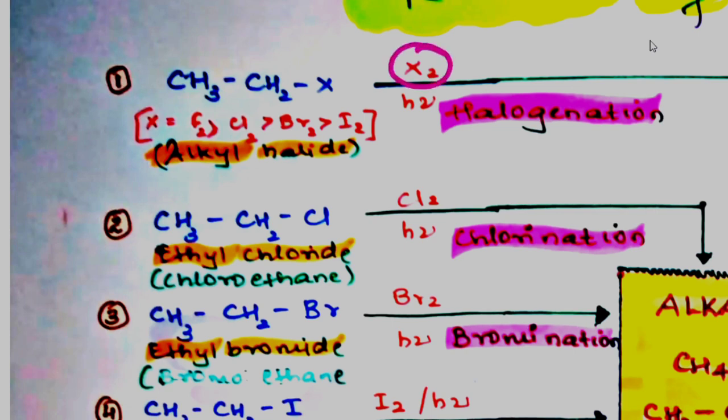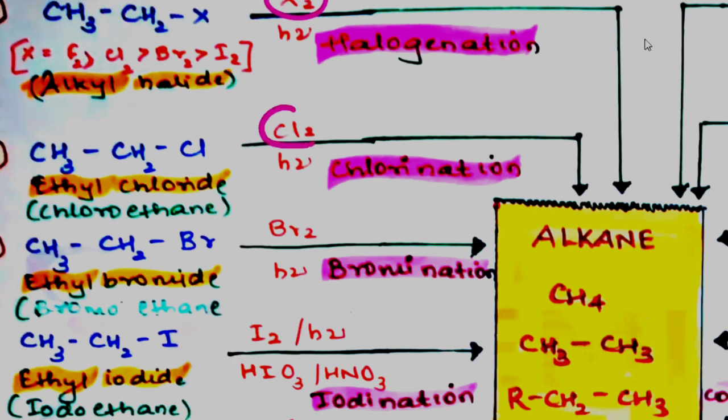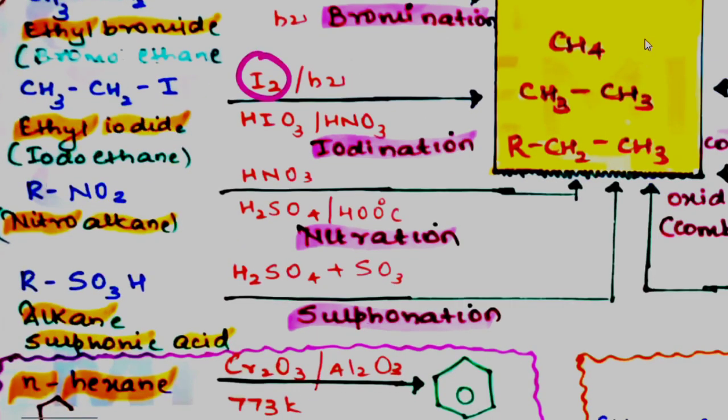You can add any halogen: if I take chlorine, you will get chloroalkane; bromine, bromoalkane; iodine, iodoalkane. Same way, if I take nitrating mixture, that is a mixture of HNO3 and sulfuric acid, I will get the corresponding compound, a nitroalkane.